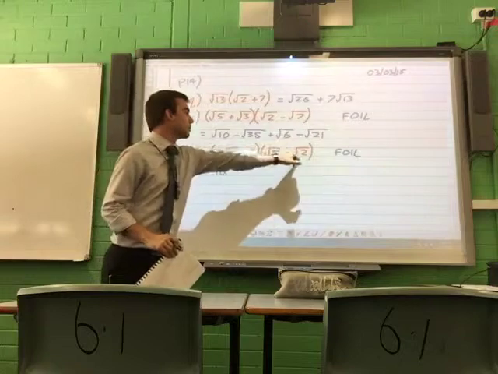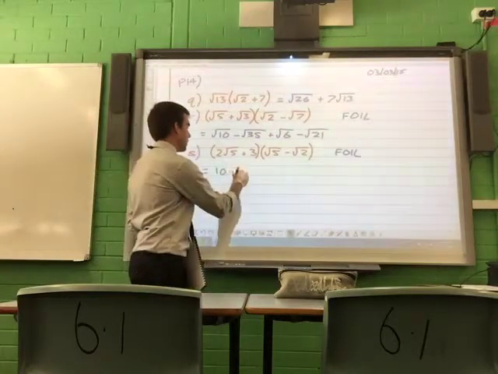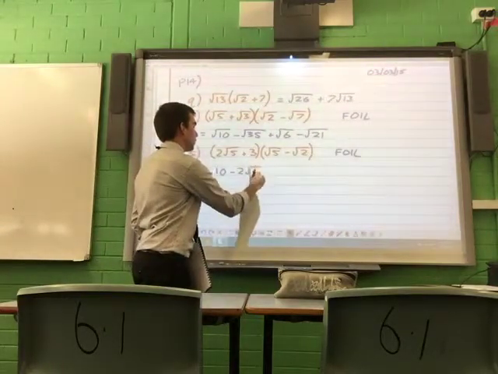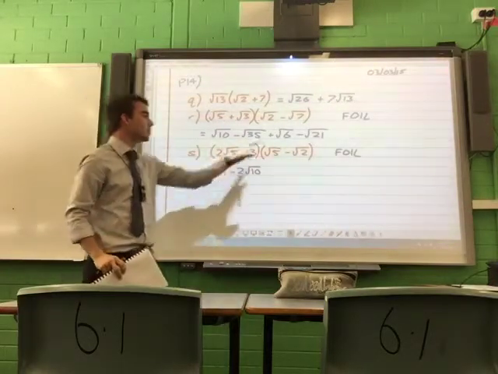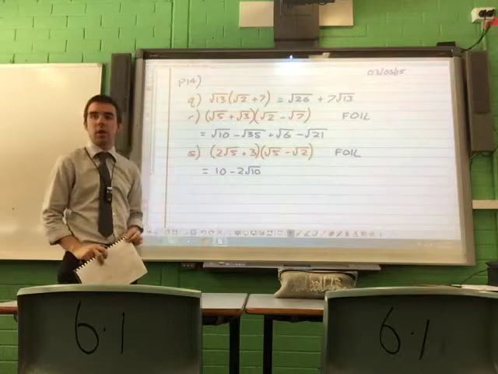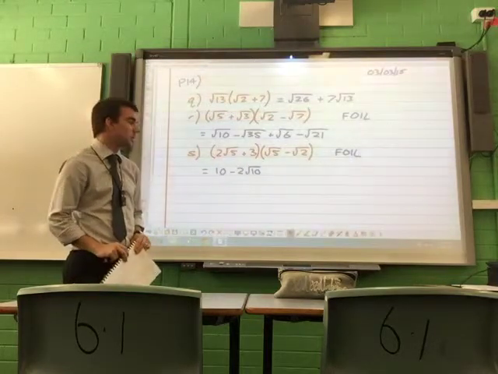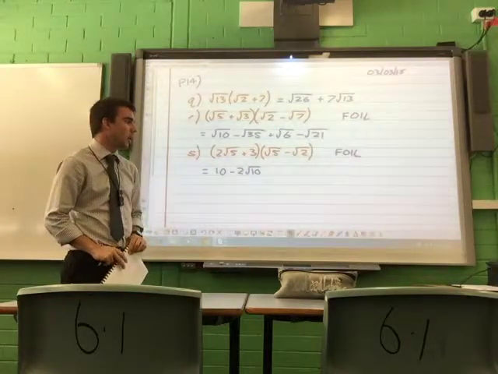Outer, 2 root 5 times negative root 2, take away 2 root 10, so that 2 stays out the front, and everything inside the surd will stay inside the surd until further simplification is needed.